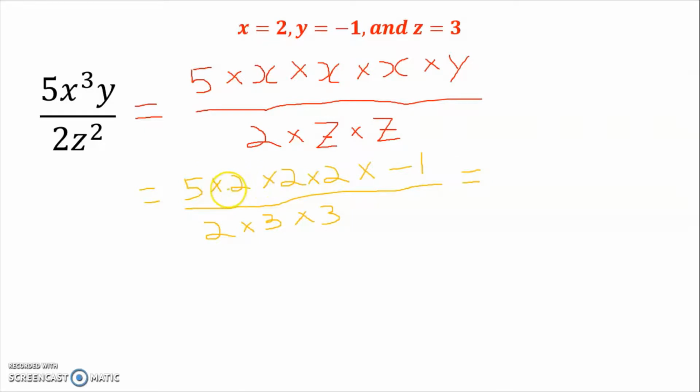So 5 times 2 is 10. 10 times 2 is 20, and 20 times 2 is 40. We take that 40 and multiply it by -1.